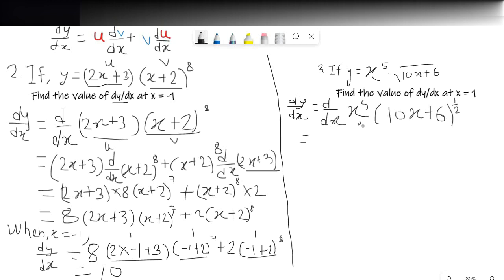So assuming this is u and this is v, we get, according to the formula, x to the power 5 multiplied with the derivative of (10x plus 6) whole to the power half, plus (10x plus 6) whole to the power half multiplied with the derivative of x to the power 5.